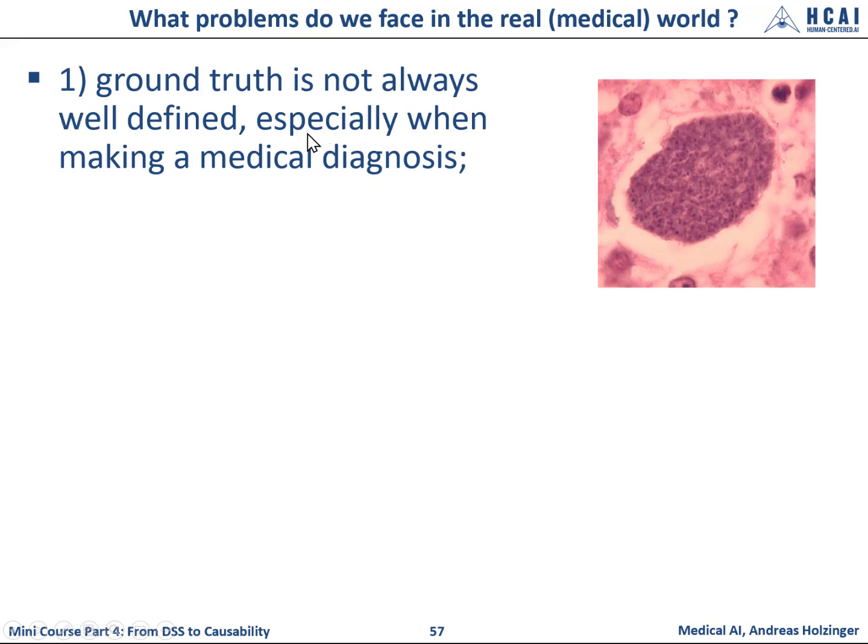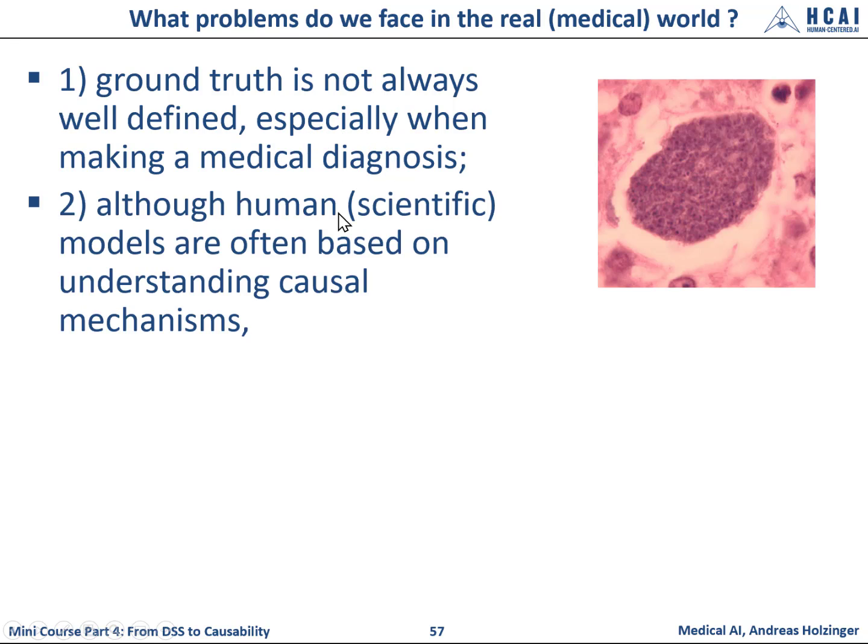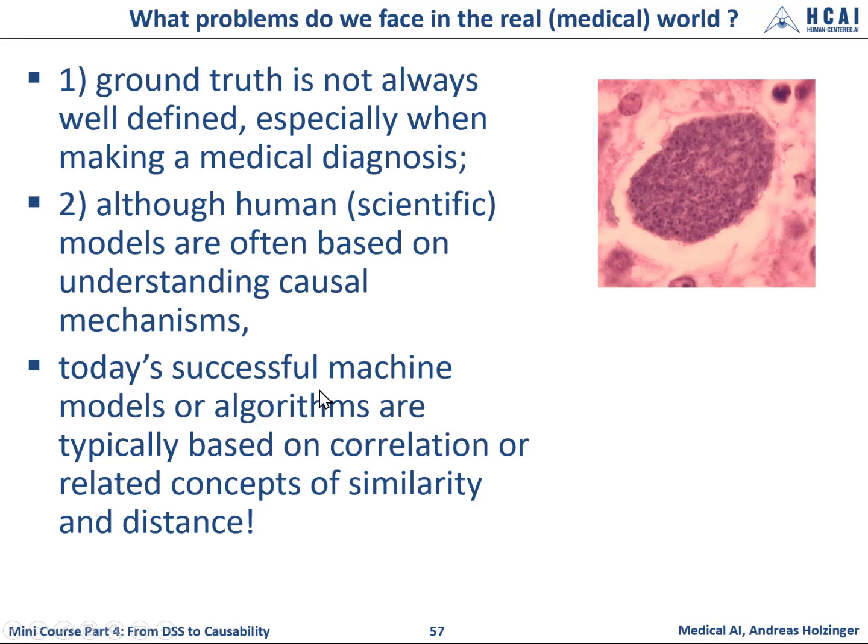Ground truth is not always well defined, especially when making a medical diagnosis. Although human scientific models are often based on understanding causal mechanisms, today's successful machine learning models or algorithms are typically based on correlation or related concepts of similarity and distance. And among others, this was the motivation for the development of our Kandinsky patterns exploration environment.